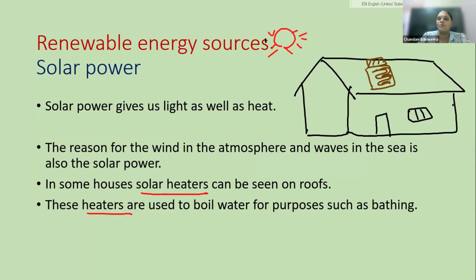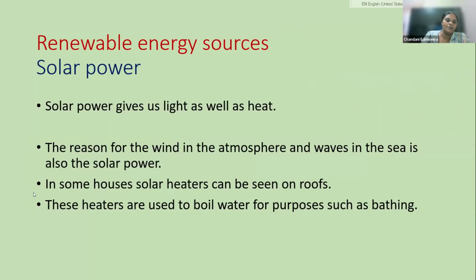We have to spend money only once, for the purchase. Then for the lifetime we can get heated water from the solar heater, and we can use the water for different purposes, like bathing.